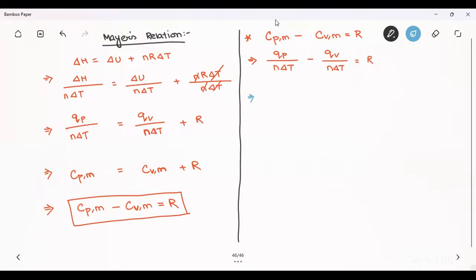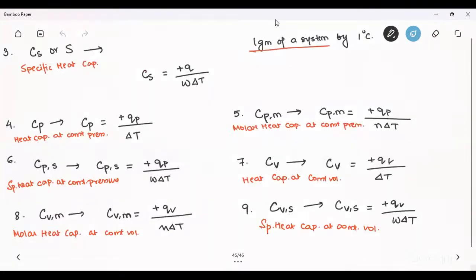This part you can write as CP, and this part you can write as CV. What is CP? Only CP, not CPM. CP is QP by delta T, and CV is QV by delta T. I have just written that.